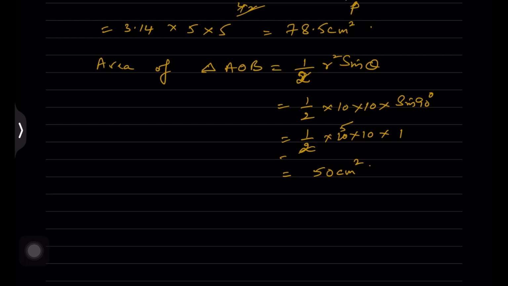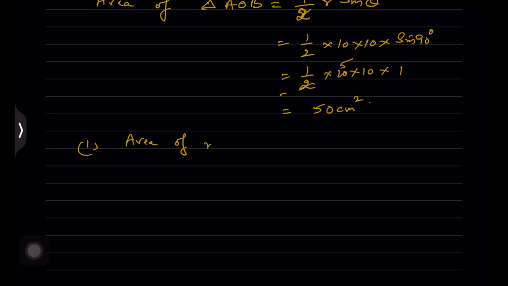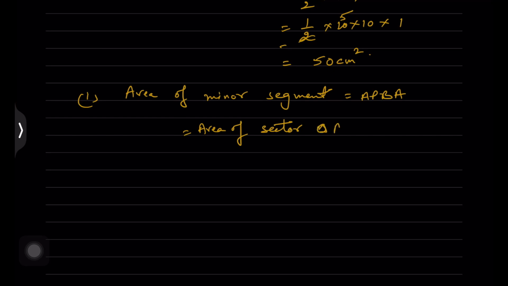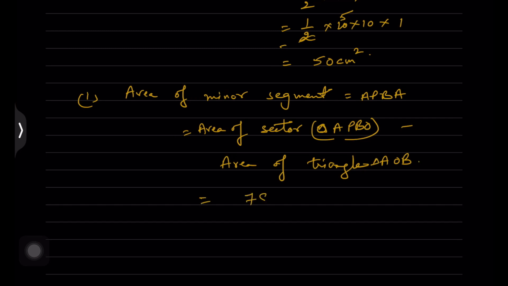So now from this we can find out the area of the minor segment APBA, the shaded part in the picture, which is equal to area of sector OAPBO minus area of triangle AOB, which is equal to 78.5 centimeter square minus 50 centimeter square, which is equal to 28.5 centimeter square.